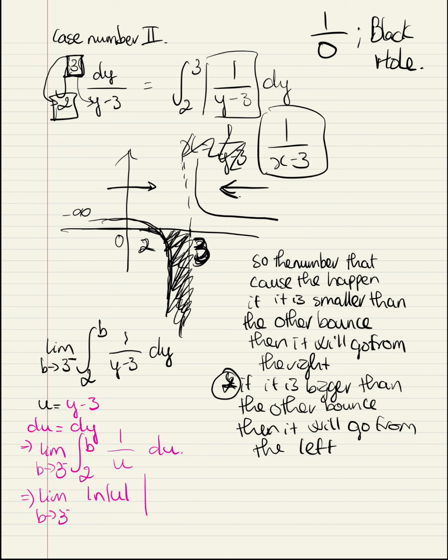After you plug back in, that is when you have a range. It is equal to the limit as b goes to 3 minus of ln of absolute y minus 3. Right now we have the range from 2 to b.